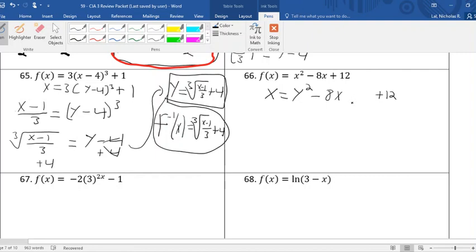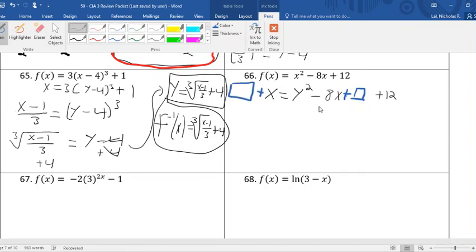So to complete the square, we have negative 8, which is our b term, divided by 2, which is negative 4.